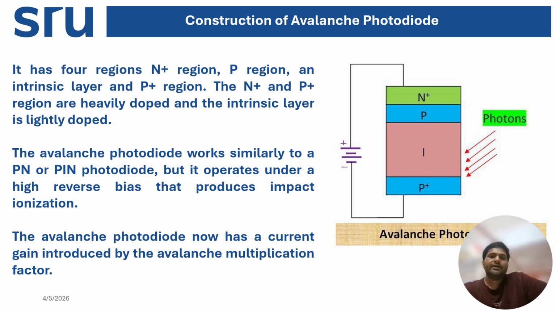So the basic structure of an APD typically consists of the following layers. P region, that is P plus region, is heavily doped. Intrinsic or absorption region, that is denoted by I layer, and multiplication region.